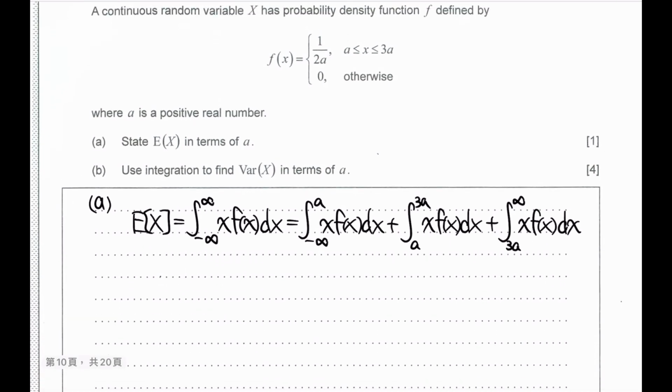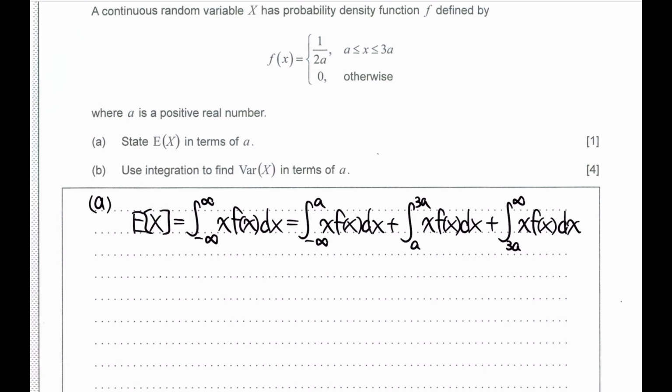But if we recall our definition of the probability density function f, we find that the first integral and the last integral are 0 because f is 0 in this interval.